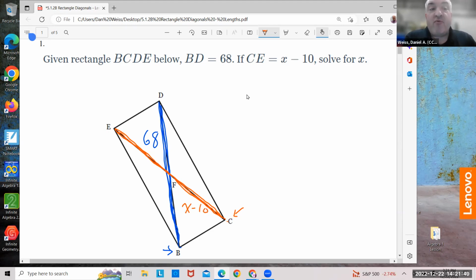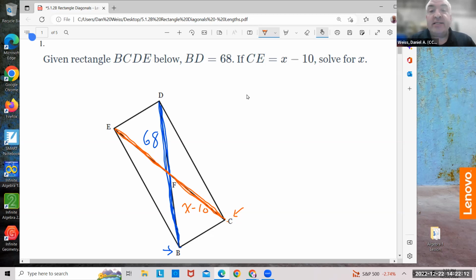All right, in a rectangle, the diagonals are equal. Not in a parallelogram. A rectangle is a parallelogram, but in any parallelogram that is not a rectangle, the diagonals are not equal.